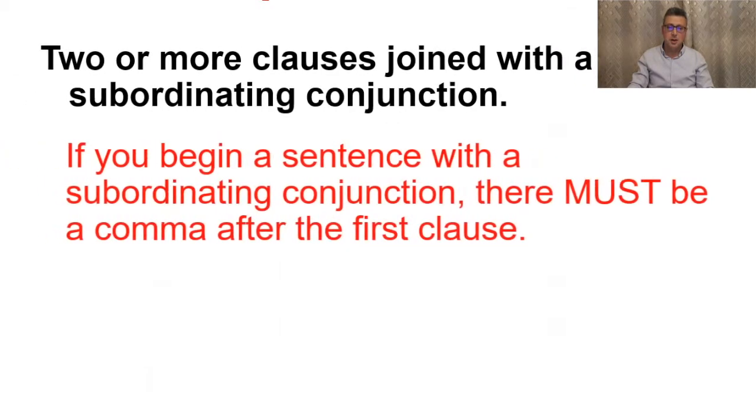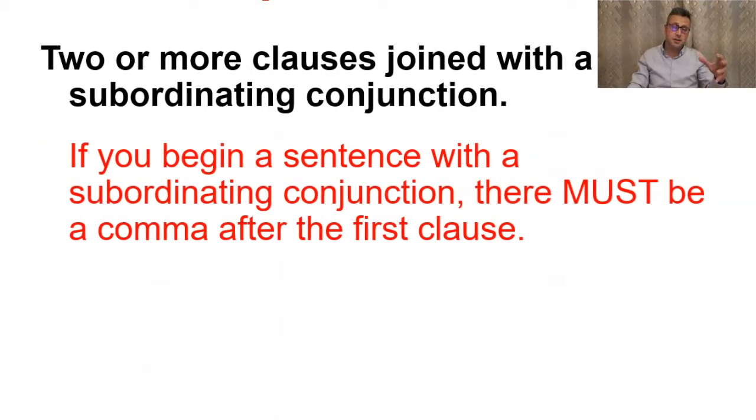Let's look at an example for complex sentences. Complex sentences are two or more clauses joined by a subordinating conjunction. In a complex sentence, one clause is complete, the other is not complete.